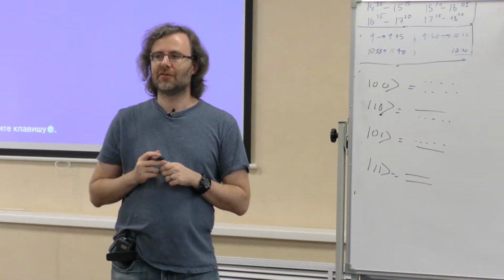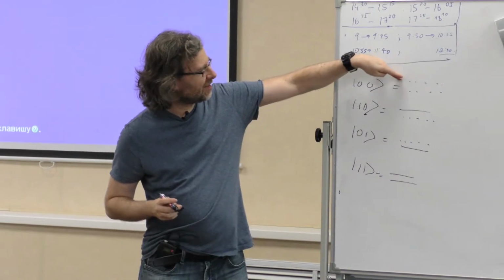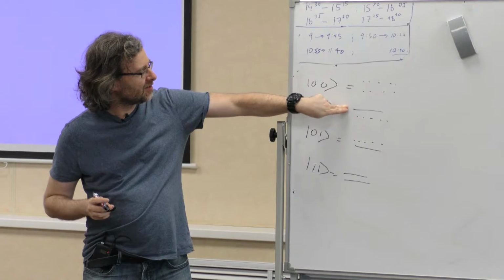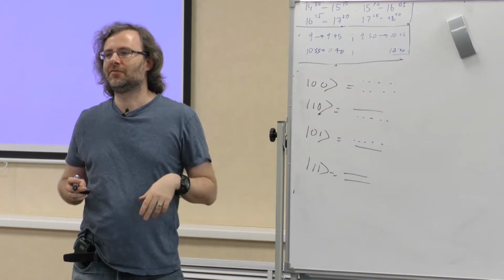You can think of a dotted line as meaning a spin orbital is unoccupied, and a solid line means that it's occupied.